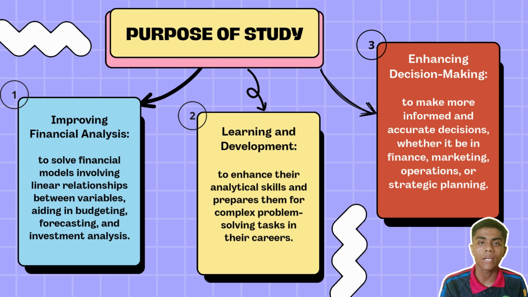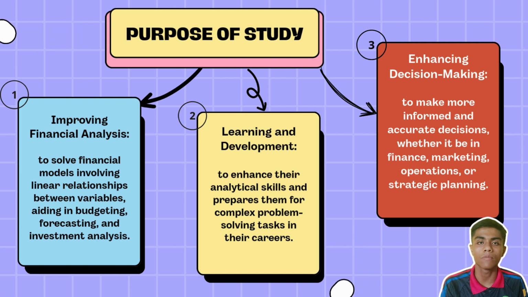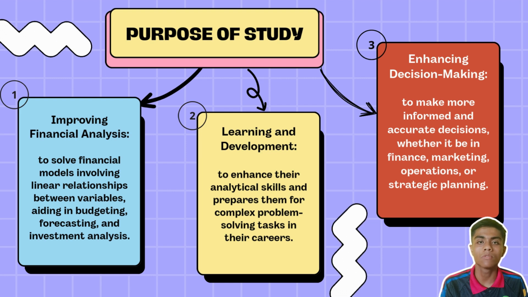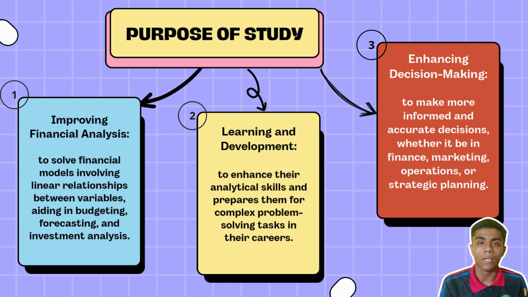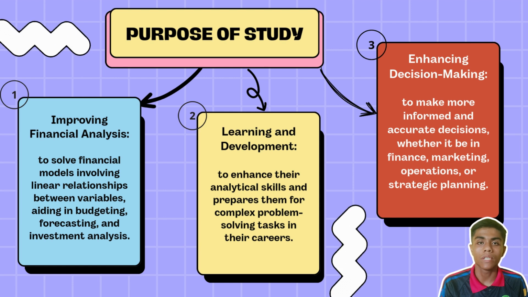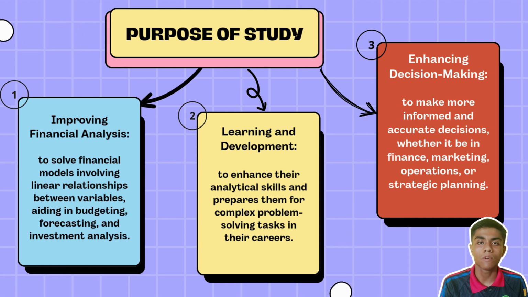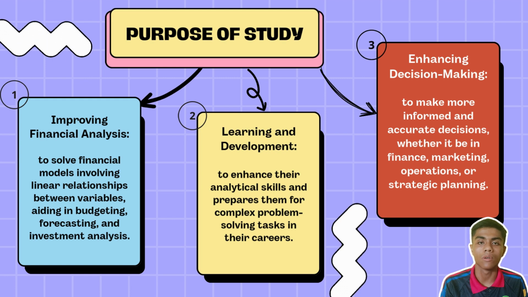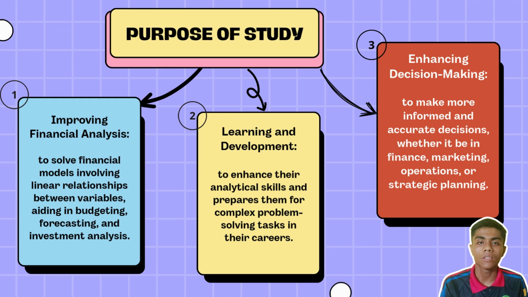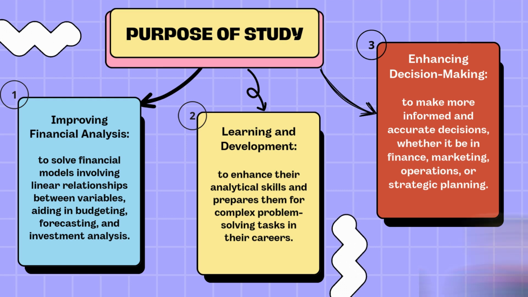Understanding Cramer's rule and its application in business enhances their analytical skills and prepares them for complex problem-solving tasks in their career. Lastly, enhancing decision-making. By using Cramer's rule to solve linear equations, business professionals can make more informed and accurate decisions, whether it be in finance, marketing, operation, or strategic planning.